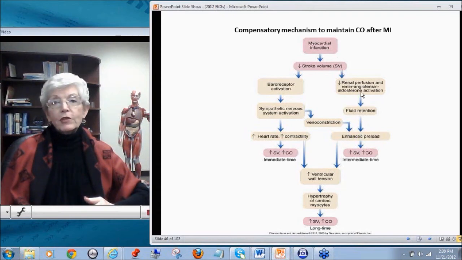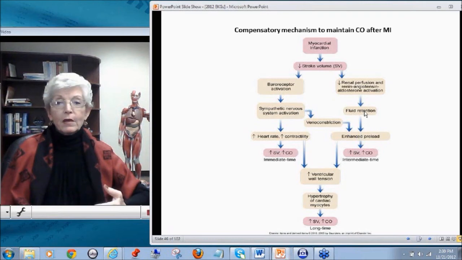There's the whole renin-angiotensin-aldosterone activation to try to maintain blood flow to the kidney, but it acts to congest the cardiovascular system even more. But all of these together increase ventricular wall tension and cause hypertrophy of the heart to do more work, all in a long-term attempt to maintain stroke volume and cardiac output.